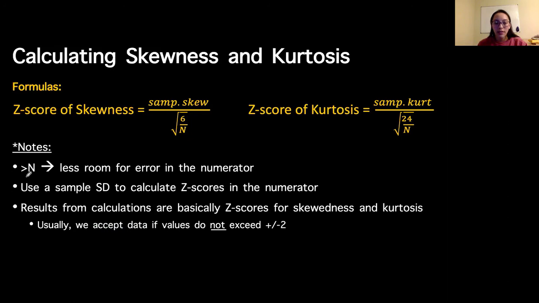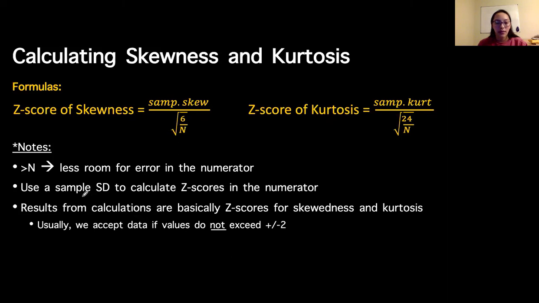So that's another reason why we want a large sample size when we collect samples from a population for research, is that the bigger our sample sizes, the less chance we have of having skewness or having kurtosis, which again is evaluating the shape of the distribution.